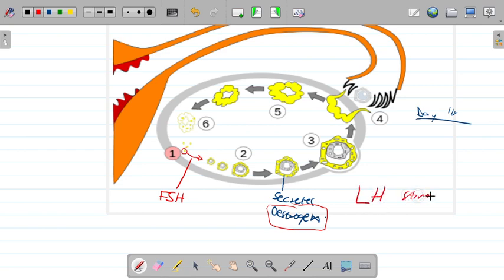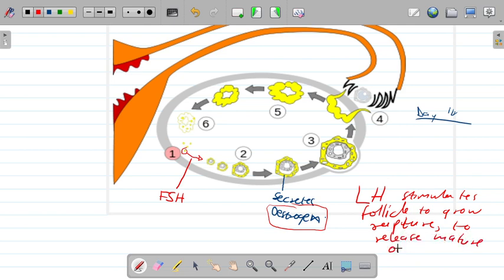It stimulates the Graafian follicle to grow and eventually rupture, to release the mature ovum. Okay, sharp. The mature ovum is released. Why? Because there was luteinizing hormone.